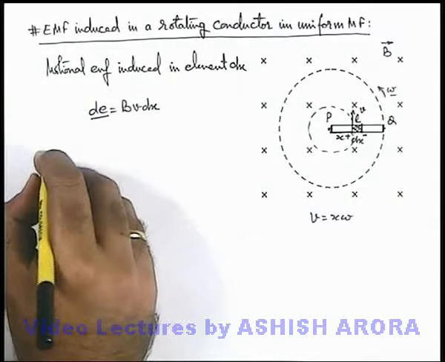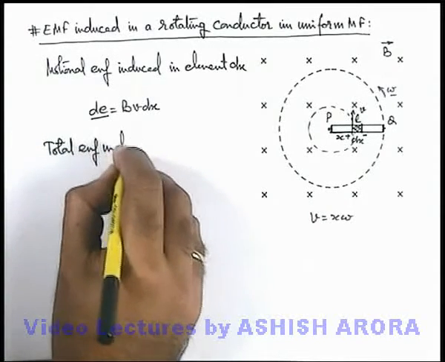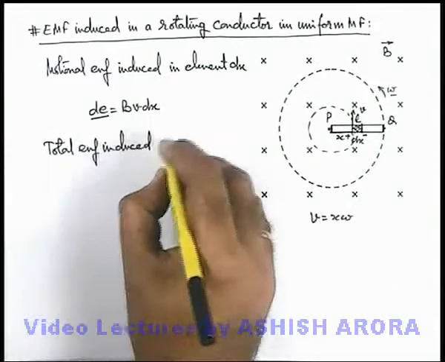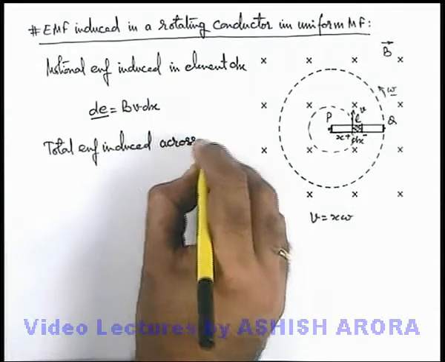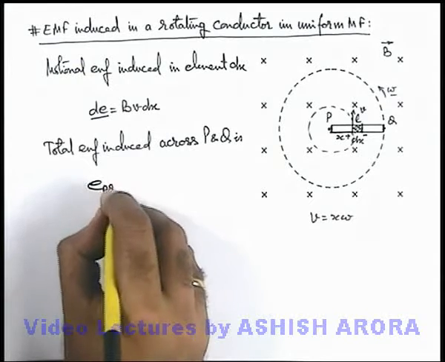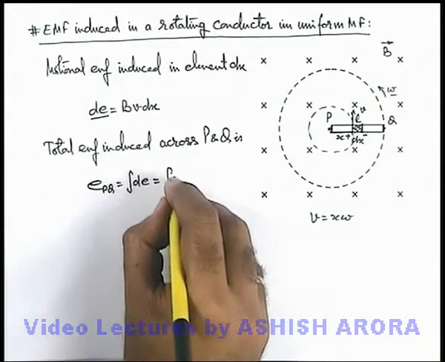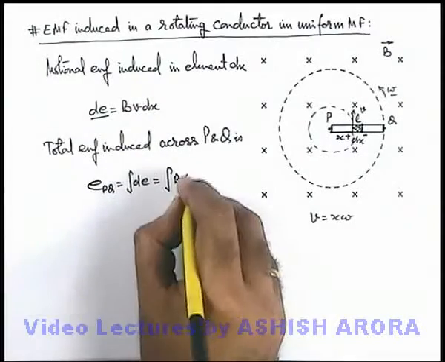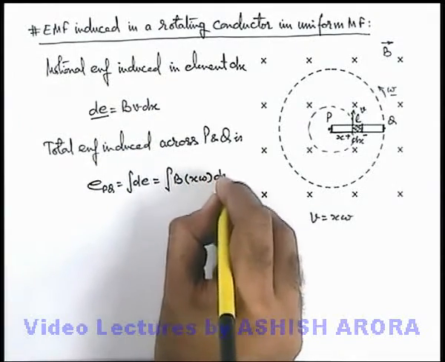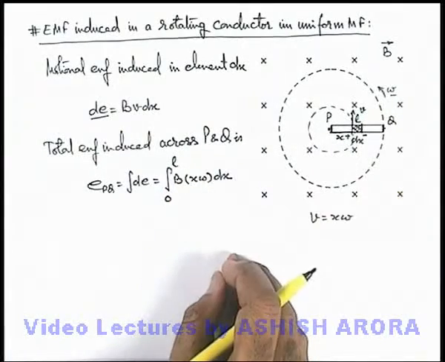So here in this situation we can write the total EMF induced across P and Q as E_PQ, which is the integration of d epsilon, and this can be given as the integration of B v dx. V we can write as x omega, multiplied by dx within limits from 0 to L, as L is the length of this rod.